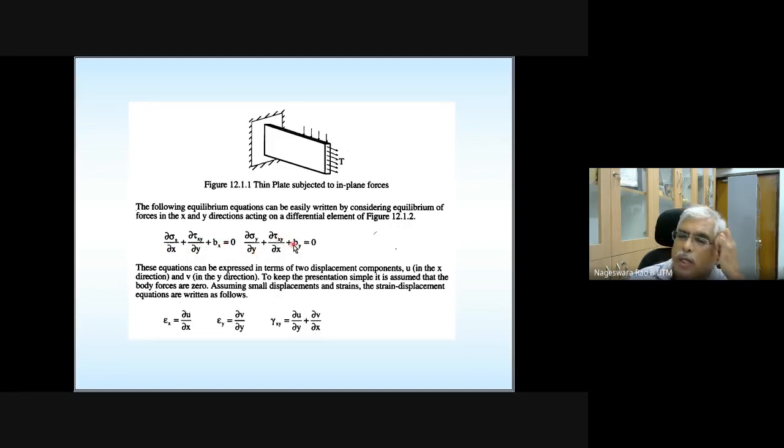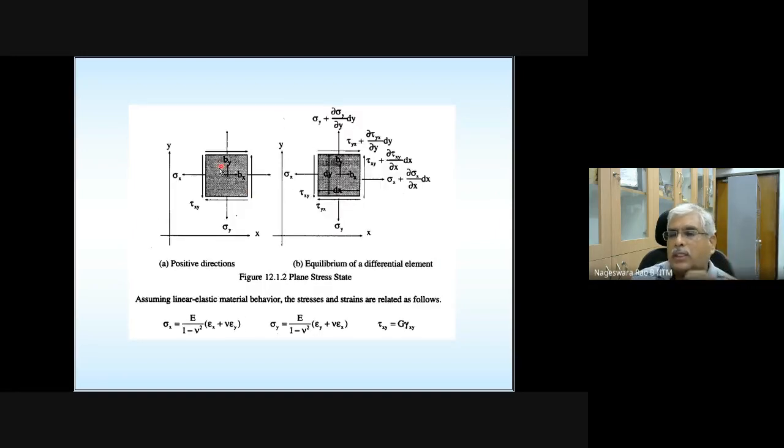Please note that bx, by is the body force. In this sense, you can assume it to be self weight. Since we are looking at a two-dimensional coordinate system, this body force also has two components, bx, by.